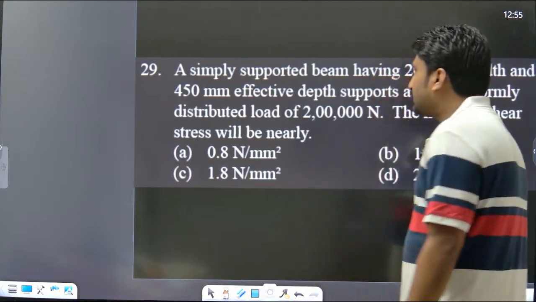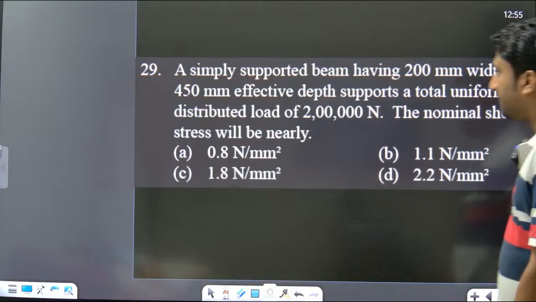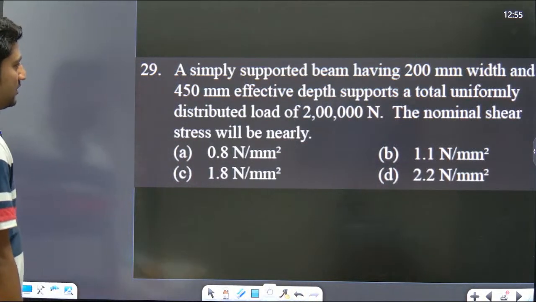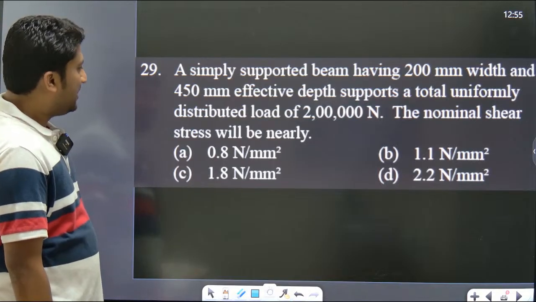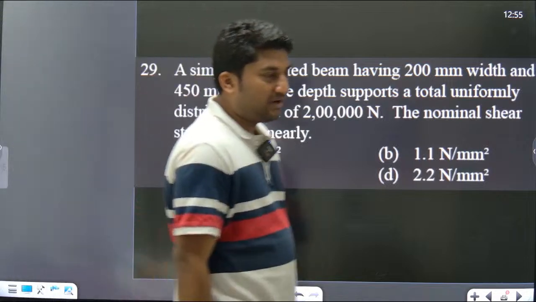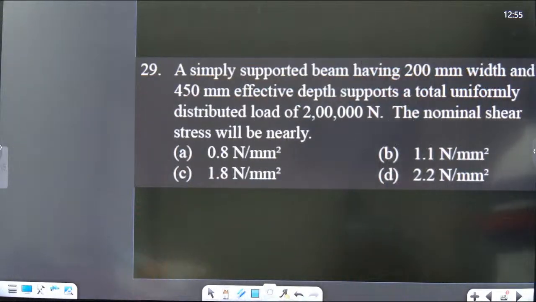Answer this question. A simply supported beam having 200 mm width and 450 mm depth supports a total uniformly distributed load of this much Newton. The nominal shear stress will be VU upon BD. You will get the answer.